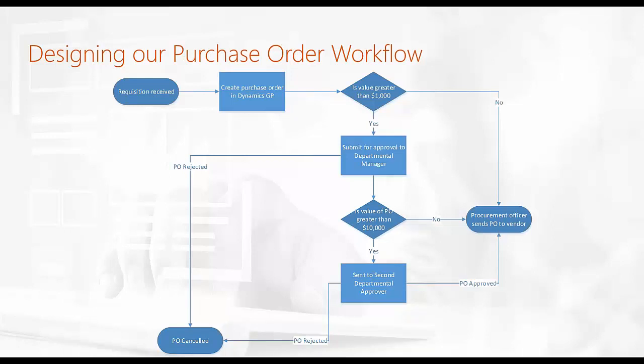She would need to be notified that it has been approved, and that they can go ahead and send it to the vendor, or if it's been rejected, she also needs to be notified in order to cancel the PO. And you can CC other people on those notifications as well if needed. So that's something to keep in mind as well.